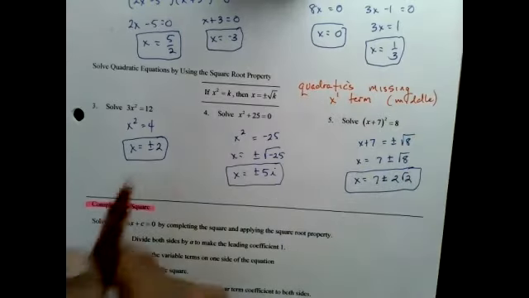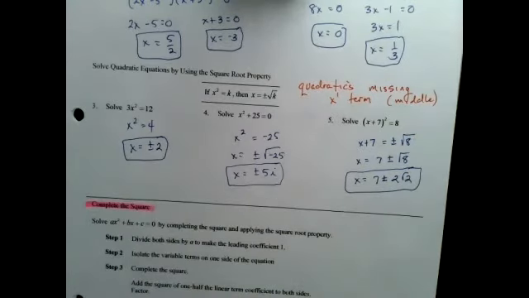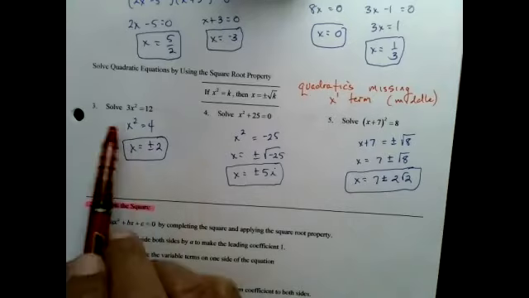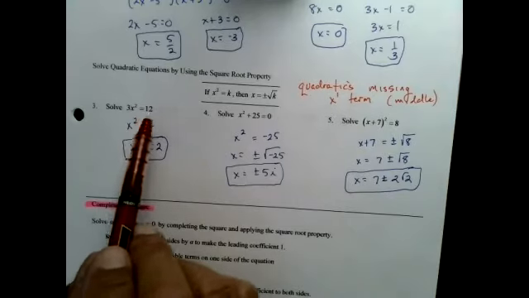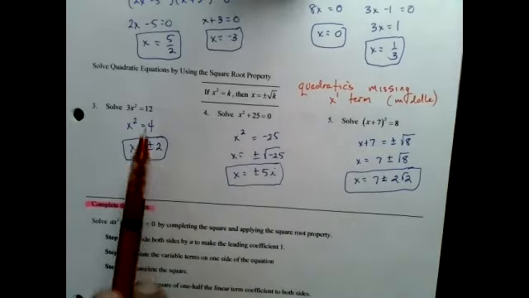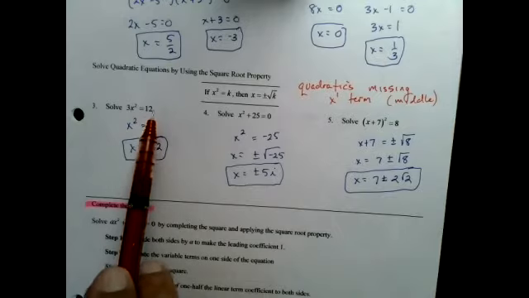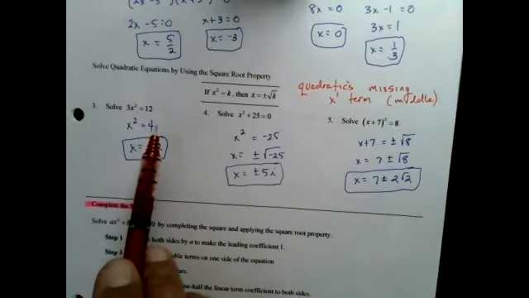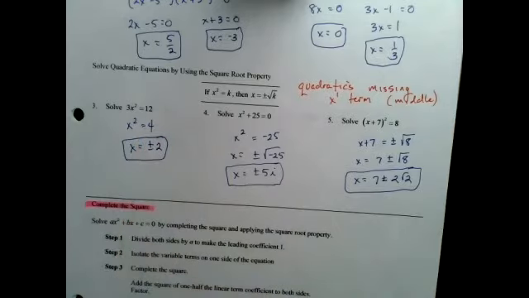You notice we have the x squared term for each of these, and we have the constant term, but we don't have an x term. And when I do that, I can use this thing called the square root property. Divide by 3. So now I have x squared equals a number, woohoo, x equals plus or minus 2.